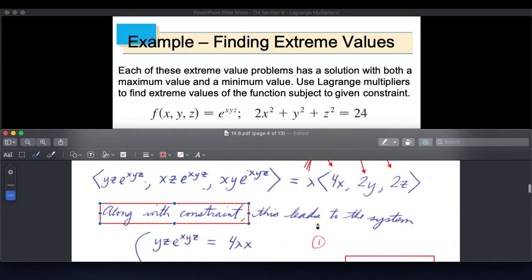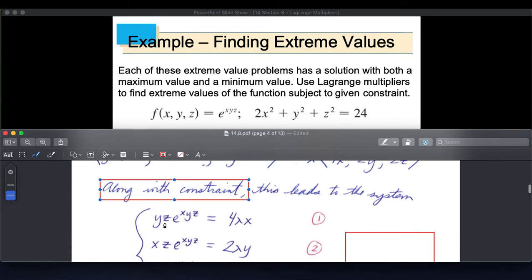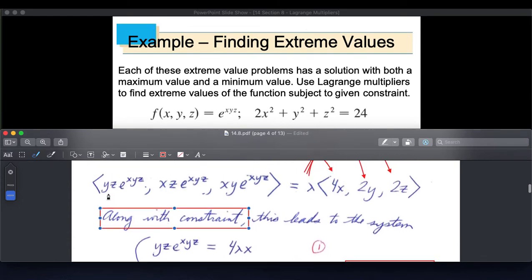And that's exactly what we're going to have in our new system here. Our first equation is the first component equal to the first component along with that lambda. See, the lambda gets distributed. So it's our first component equals the first component. Hopefully that makes sense.